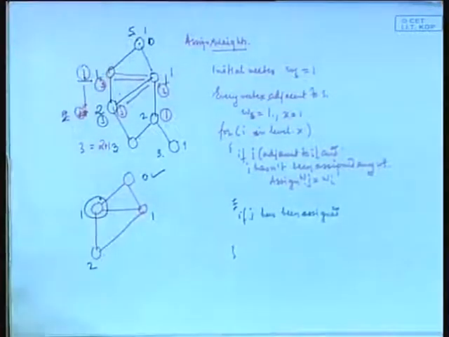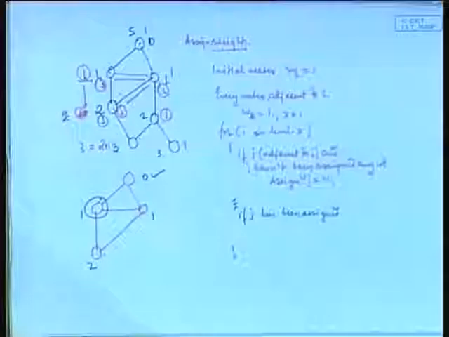The weight says how many shortest paths are passing through that node, while level is at what depth this node is residing. Okay. So, level is at what depth this node is residing, and weight is how many shortest paths pass through that node.